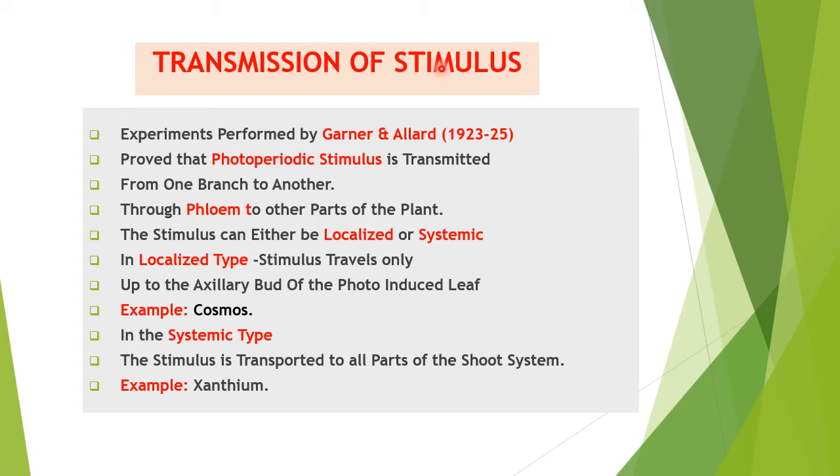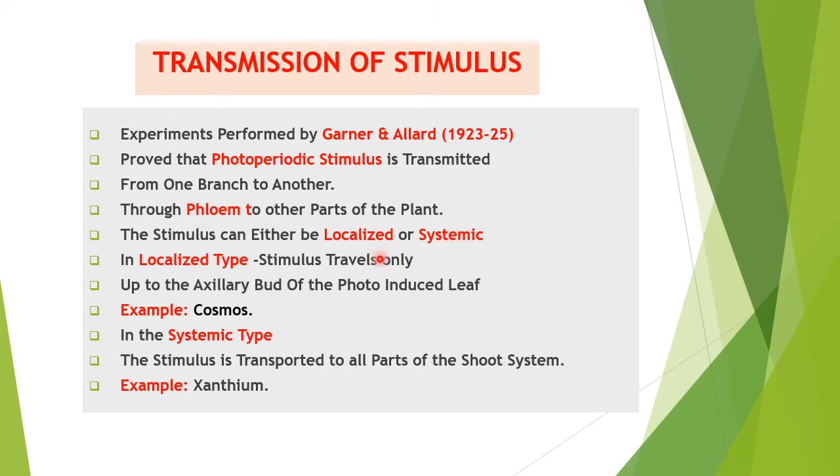Transmission of the stimulus. Experiments performed by Garner and Allard proved that photoperiodic stimulus is transmitted from one branch to another branch through phloem to other parts of the plant. The stimulus can either be localized or systemic.